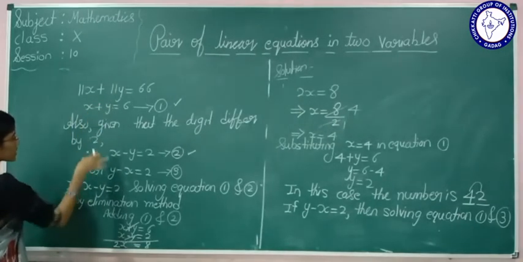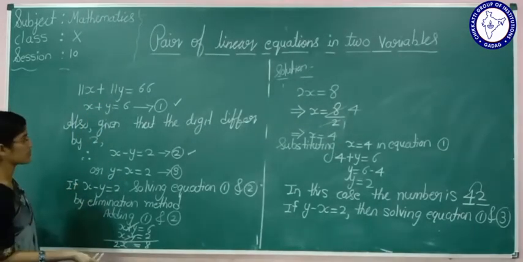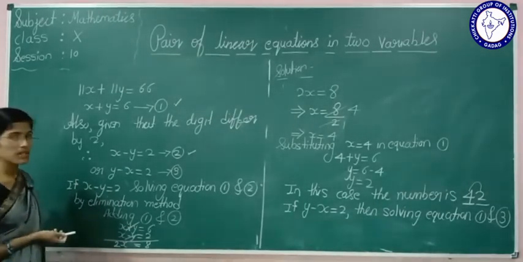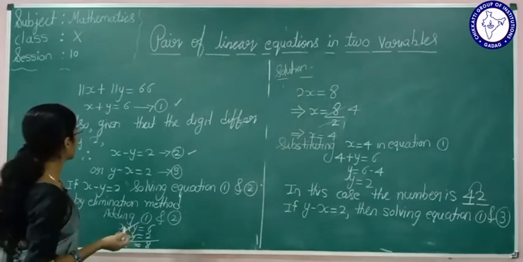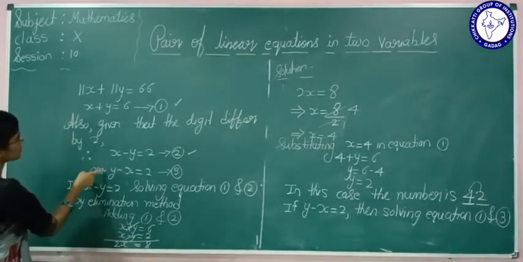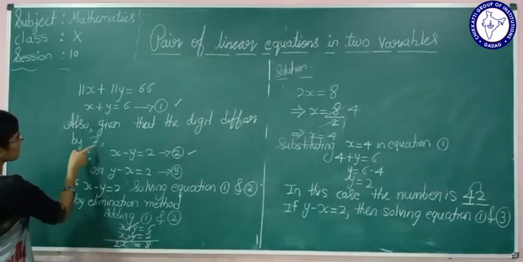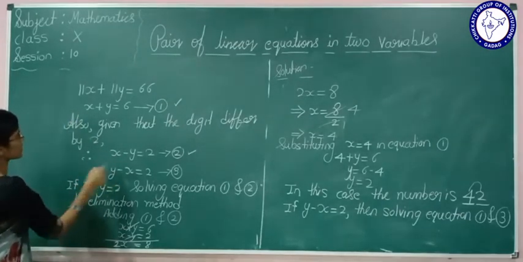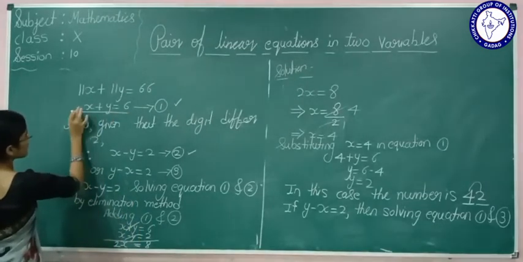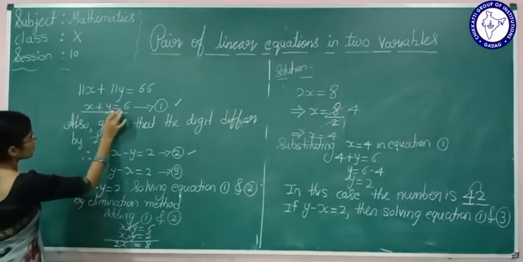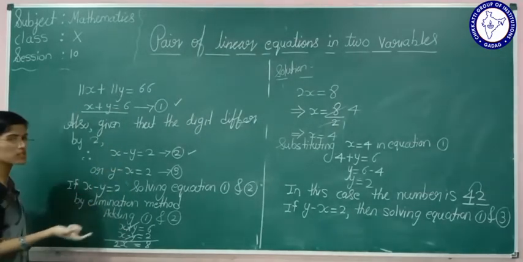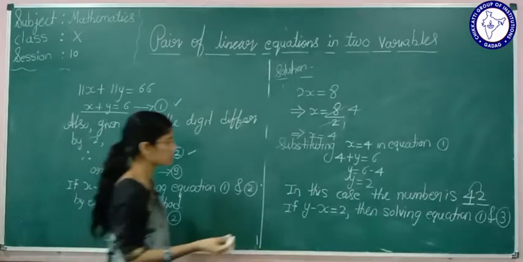If you want to eliminate y, the coefficients are also the same. So it's left to you what you want to eliminate. Can we eliminate x? Okay. We will eliminate x in this. Here it is plus x in x plus y is equal to 6, and here minus x is there. Opposite signs are there, which means we will add equation 1 and 3.